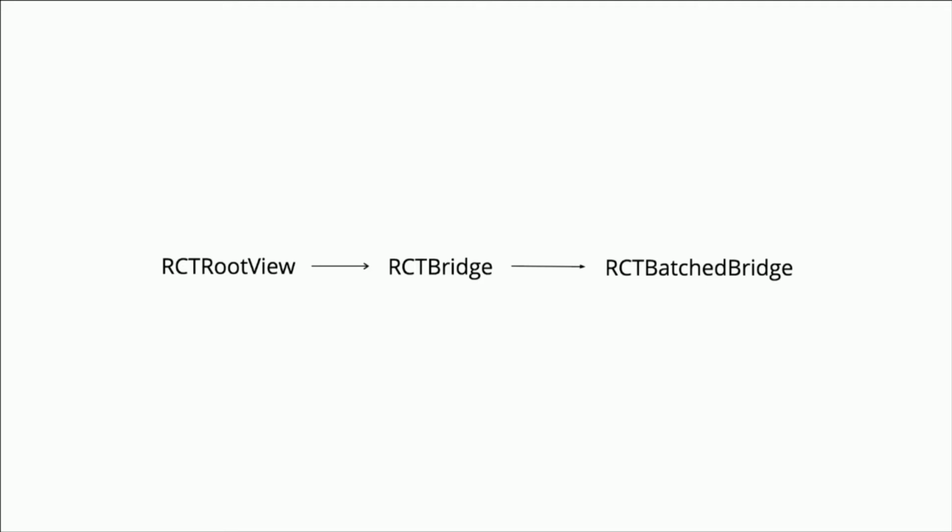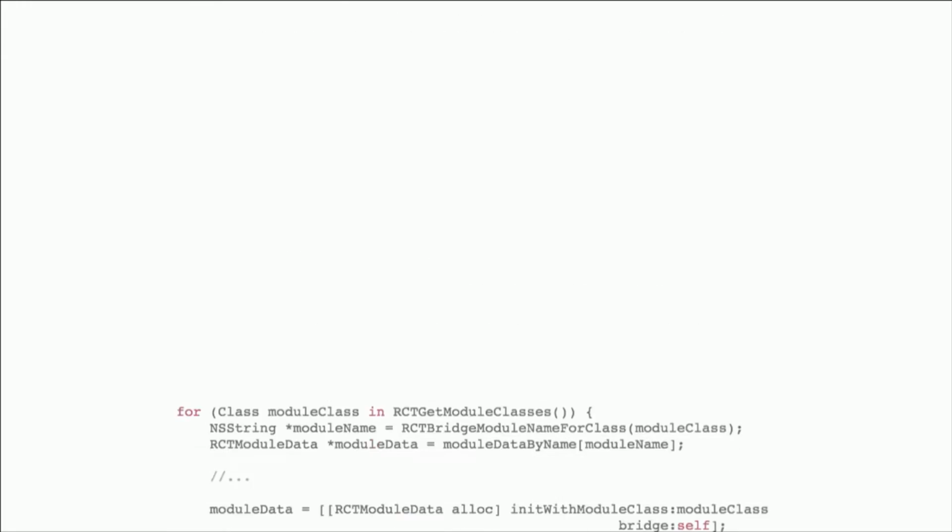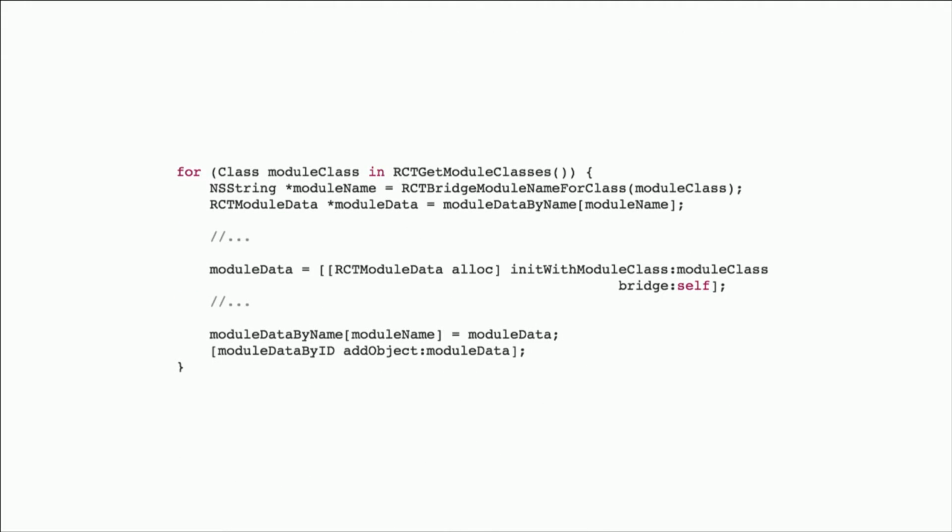So at the moment when RCTBatchedBridge has been initialized, it starts to initialize other modules. So it basically iterates over all these modules that we started to expose at load time by this macro. It takes this array, iterates over it, and takes the module names that we specified or not specified.